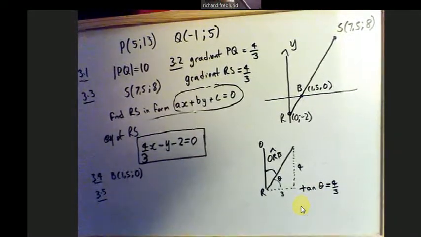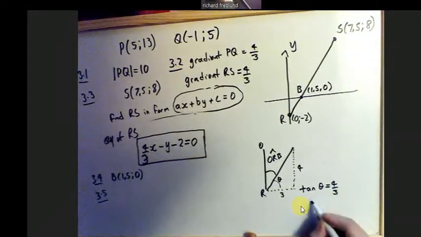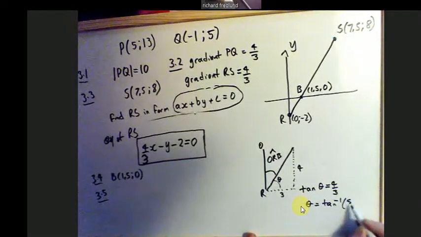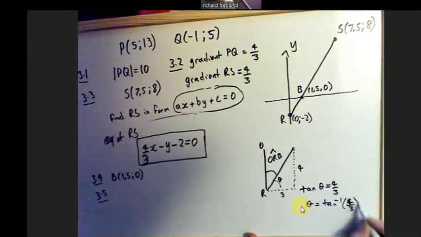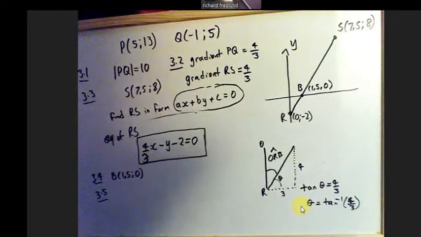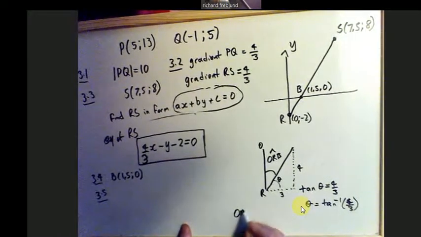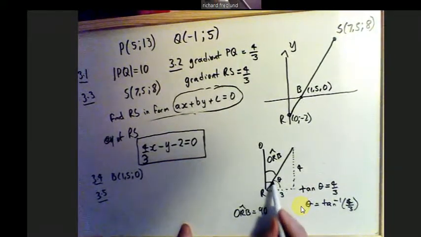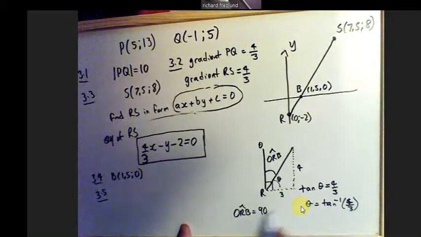So if we want to find theta, we do tan to the minus 1 of 4 over 3. And then ORB is going to be 90, because here it's 90 degrees, so there's going to be 90 minus theta.